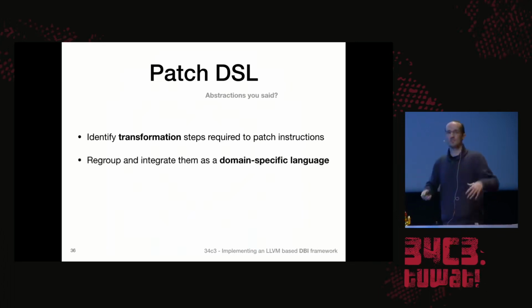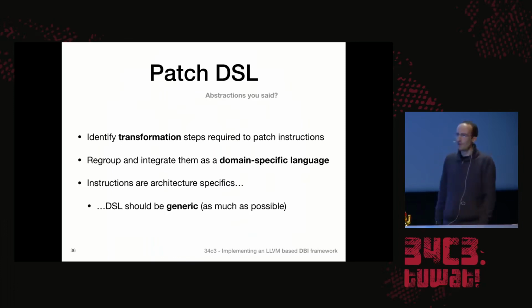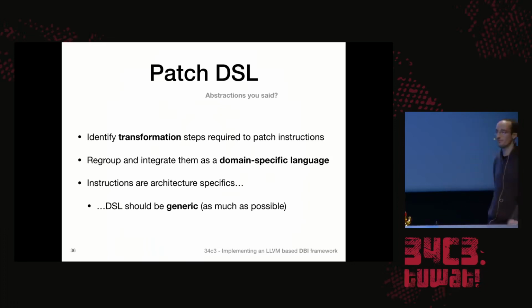So maybe we can just regroup them and try to integrate them in a sort of language, a specific language, which will be specialized in patching binaries. And another part of the idea was, okay, even if the representation is generic, every instruction we have will be architecture specific. So the patch will be architecture specific, but possibly the language can be generic and express the modification for more than one architecture.